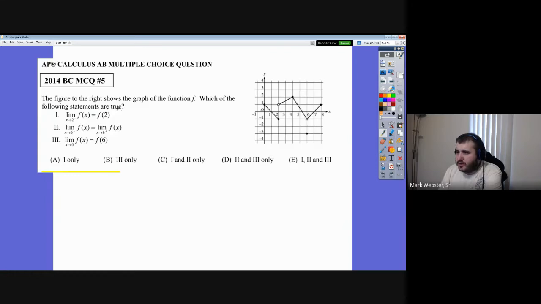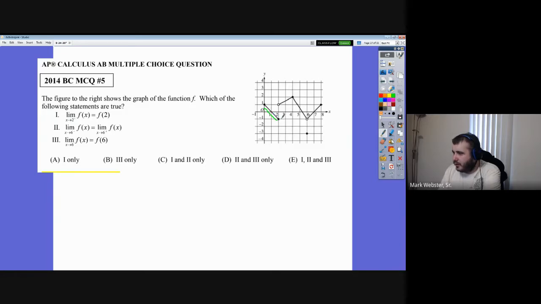So we want to know which of these are true. The first one: the limit as x goes to 2 from the left of f of x equals f at 2. So let's look at 2 from the left.